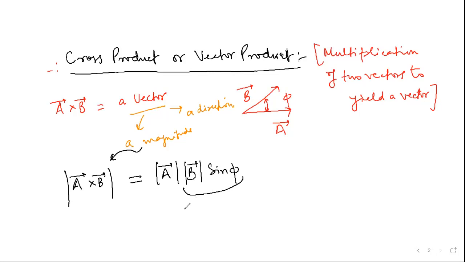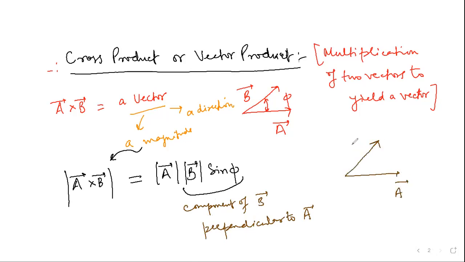This is component of B perpendicular to A vector. How can you find it? So this is your A, this is your B, and this is your phi.